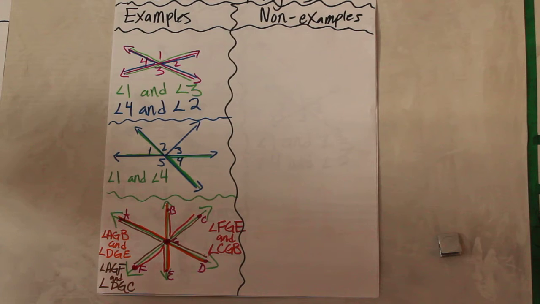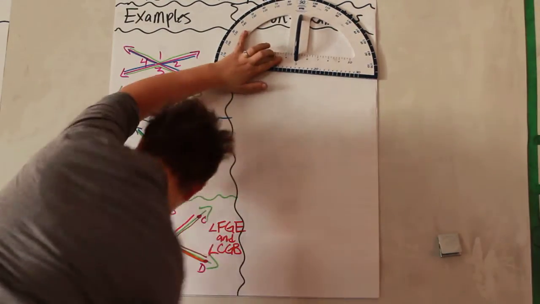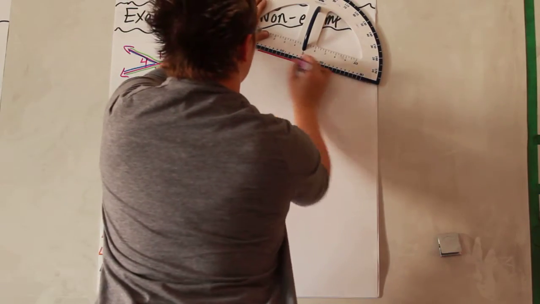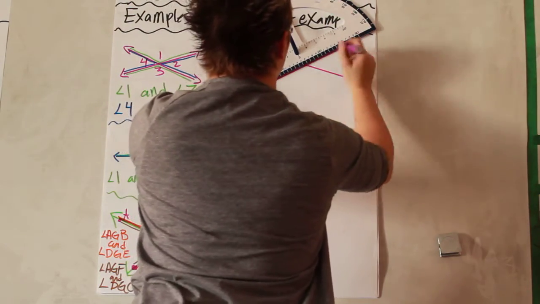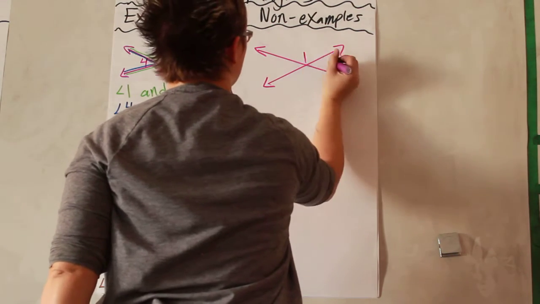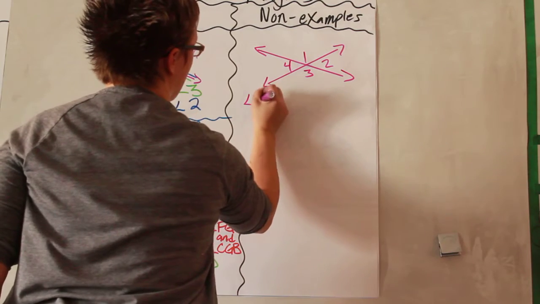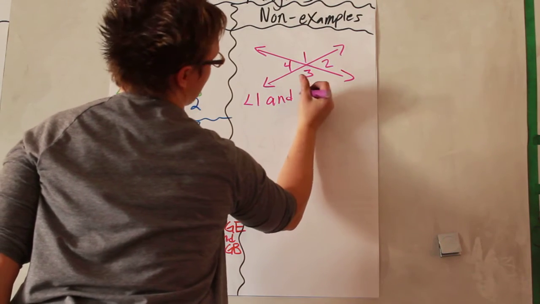Some that do not have any vertical angles. We have something that looks the same as this first one up here. There are some angles in there that are not vertical. So angle 1, there are sets of angles that are not vertical.